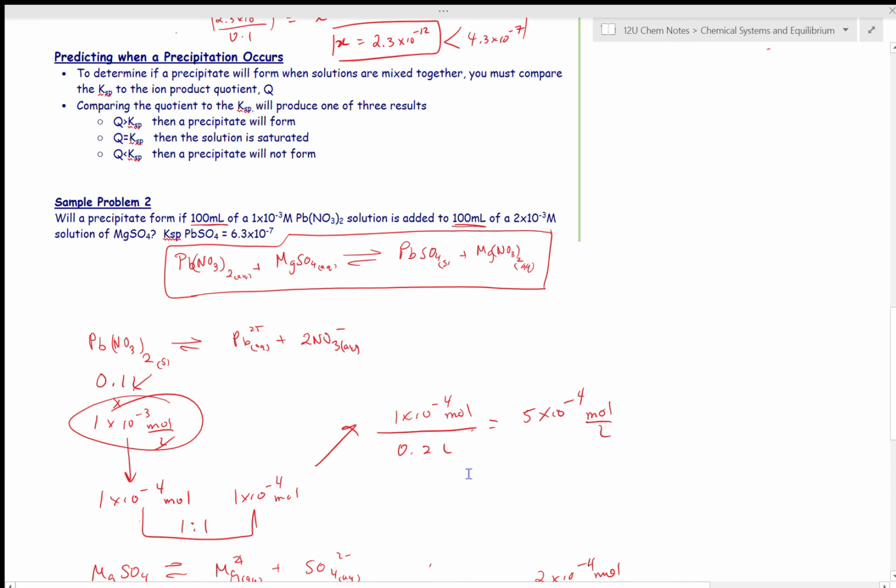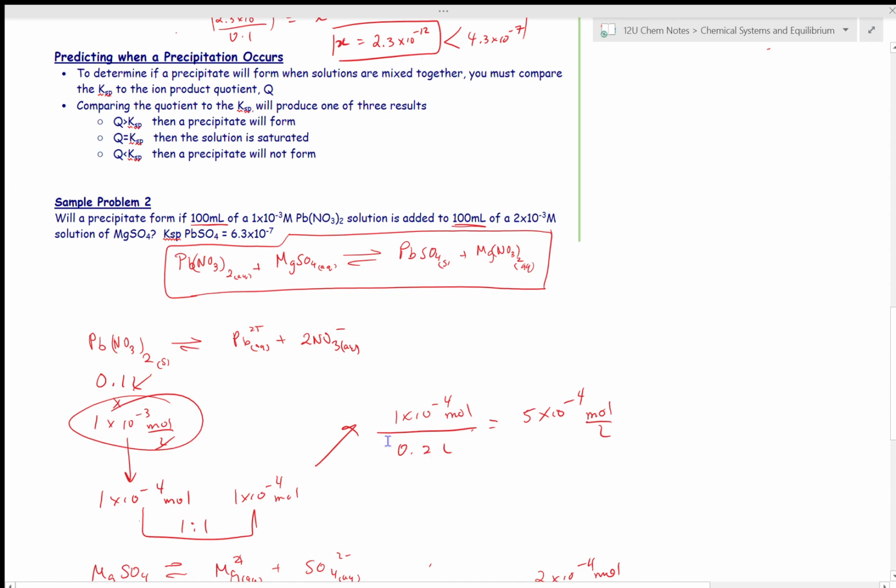Well, you have to think about what's actually going on in the question. We want to know if in the resulting solution, in the mixture of the two solutions, a precipitate is going to form. So if you look back at the question, I had 100 mL of this first solution and 100 mL of the second solution being added together.